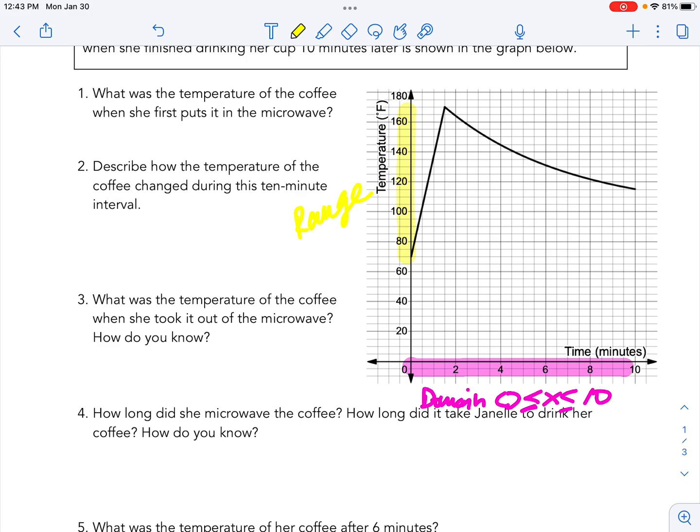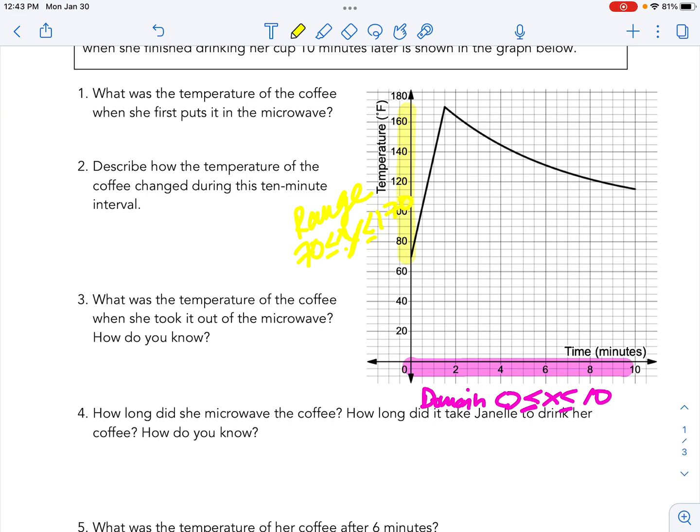And the lowest part kind of sort of looks like 70, and I'll be using the letter y there, and I go all the way up to 170 with the range. So that's all the y values possible in that situation. With that, you could say the minimum location is 70 and the maximum location is 170. In this situation, that's talking about temperature here, and some really hot coffee.